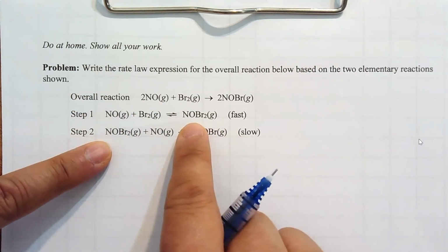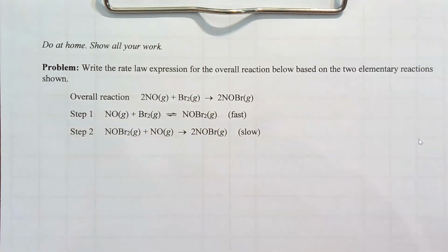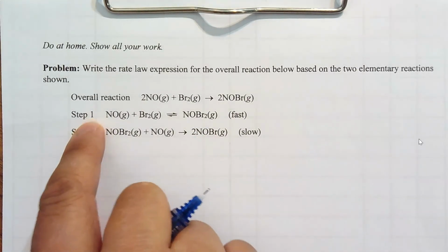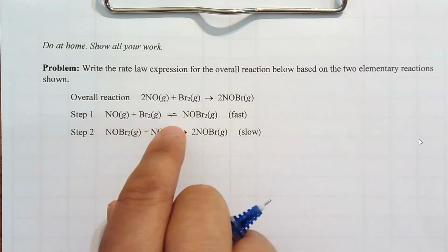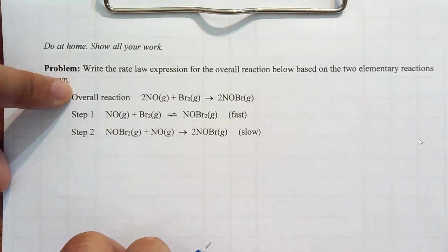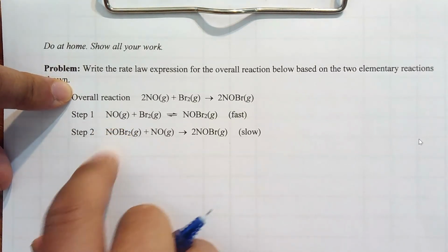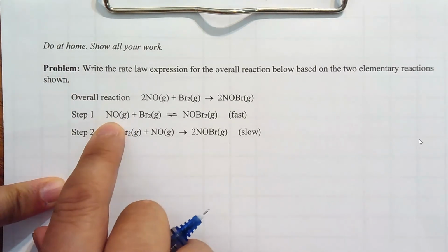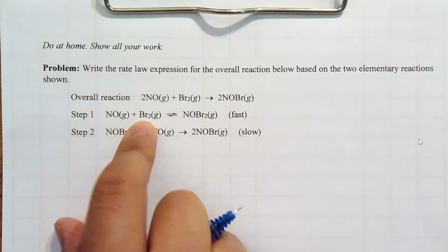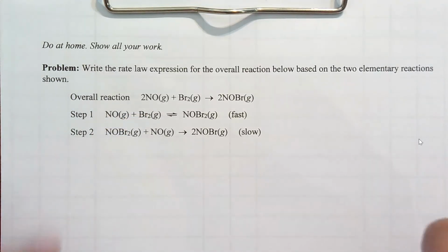And in this case, NOBr2 is the intermediate. The slow step is not the first step. If the slow step was the first step, then the rate law expression would have been rate equals k times the concentration of NO times the concentration of Br2. But in this case, the slow step is the second step.